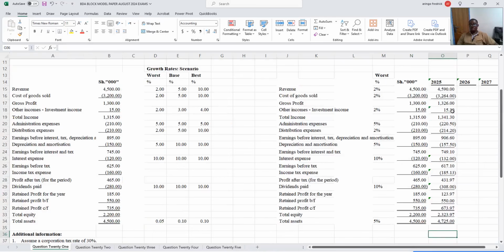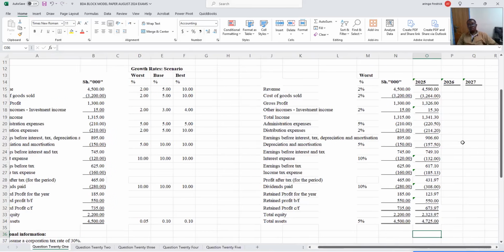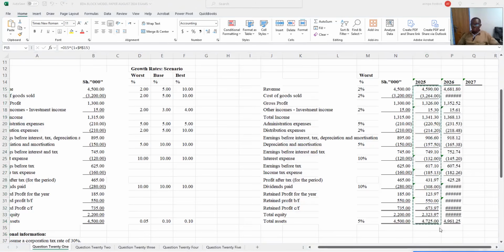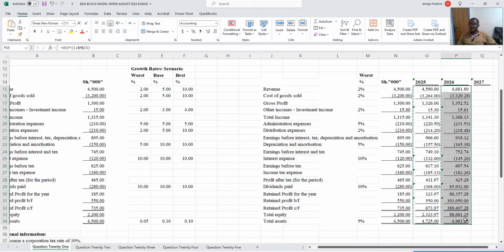So that was for 2025, right? For 2026, all I'll be doing is taking this. I have it at that point in 2026, so that after doing that, you'll find that it automatically gives me the results here.